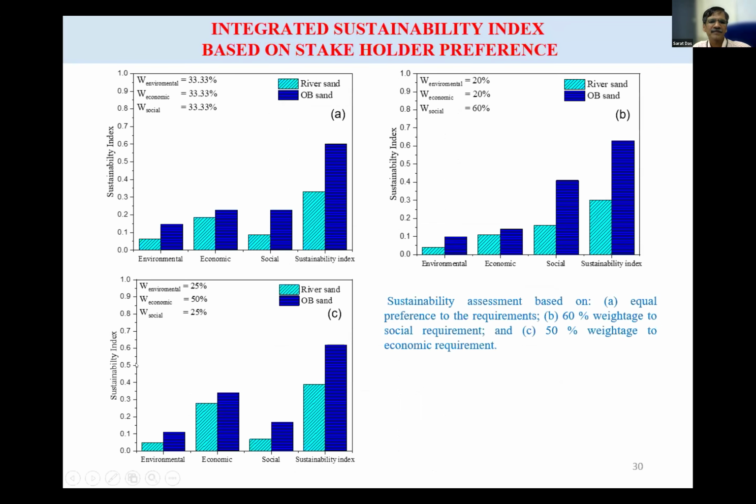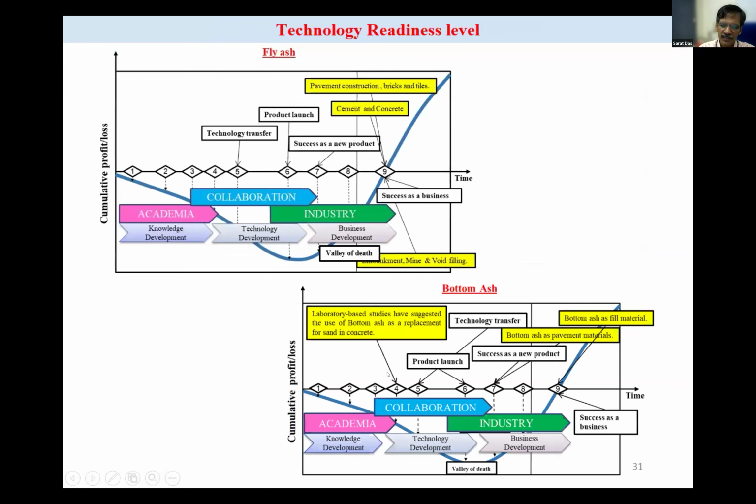Based on this, in all aspects, even if I consider 33% equal weightage for environment, economy, and social, or 60% for the social aspect, this OB sand is always found to be more sustainable compared to river sand.